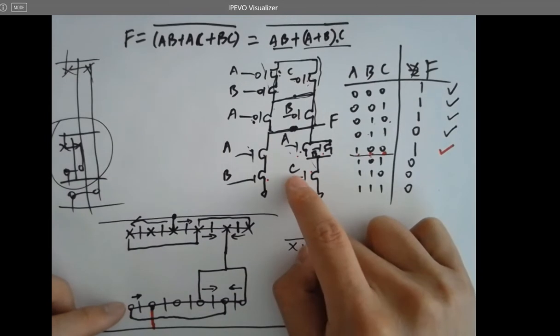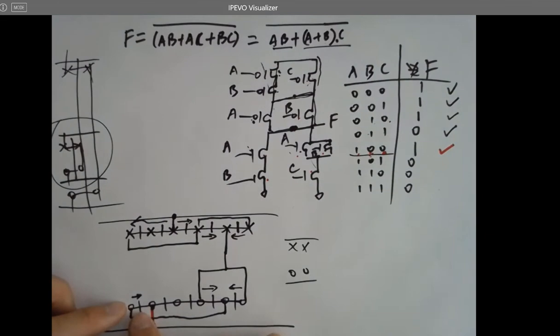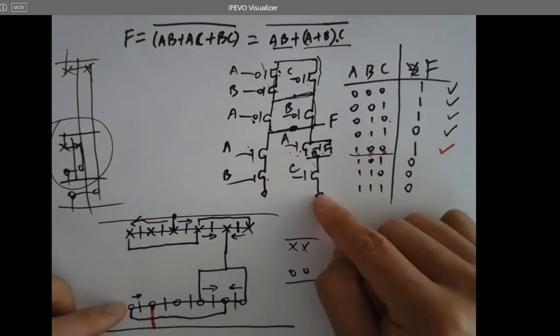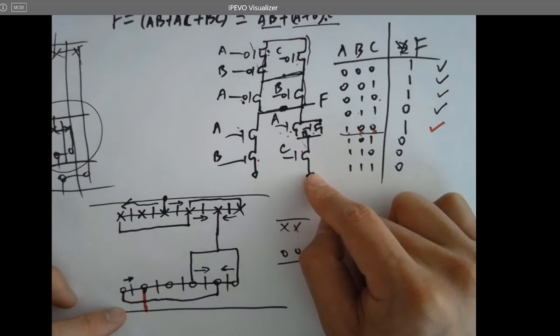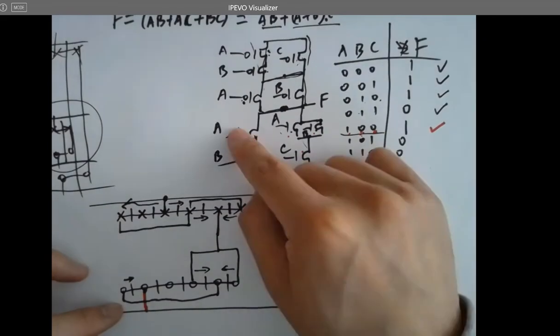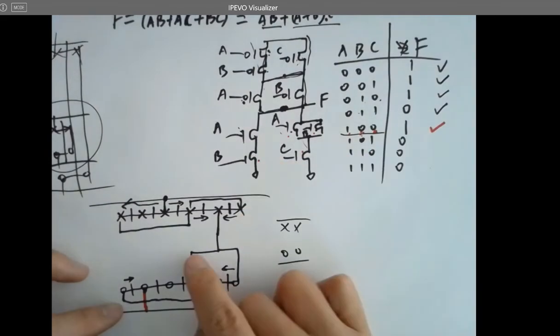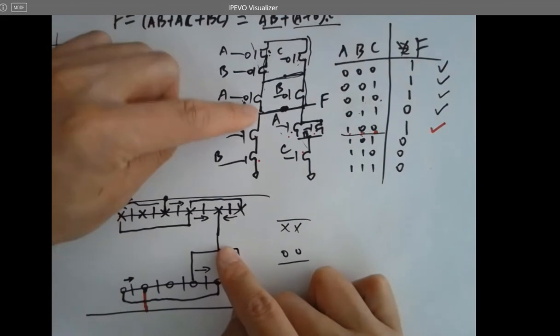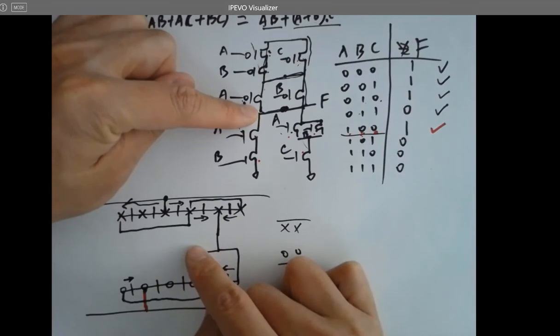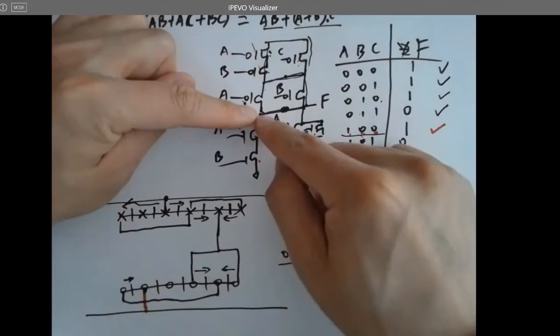The NMOS has a C signal being fed into the gate, and this should be grounded. This should be grounded, right? And then we haven't done this part yet. So let's come back to this node, because this is this node. And directly after that, you should have two NMOSes in series.